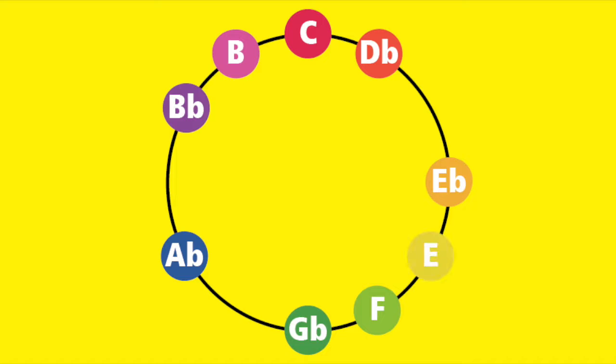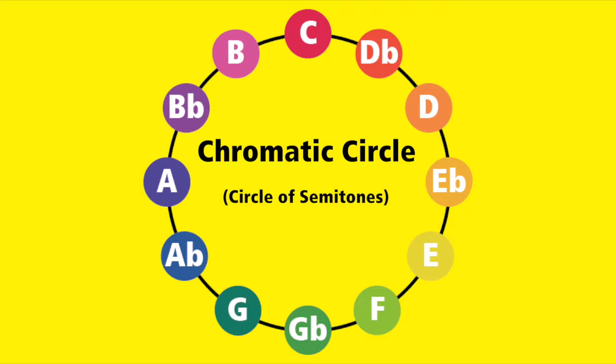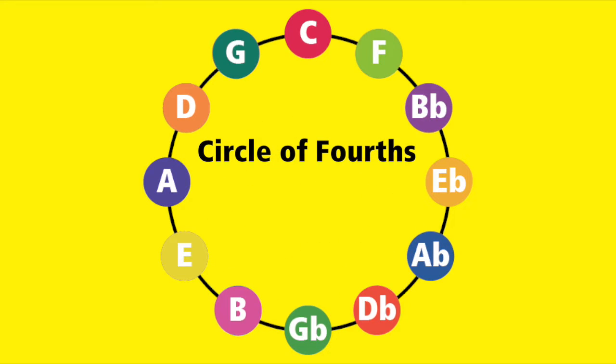Yeah, this is kind of a big deal. This symmetry that we're beginning to see is one of the biggest reasons why the 12-tone system has become so popular. It's worth mentioning here that there are other tonal systems that don't use 12 notes. One of them was created by the synth pioneer Wendy Carlos, and I'll include a link in the description with more information about her amazing work.